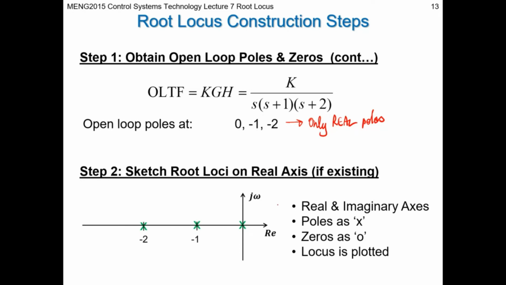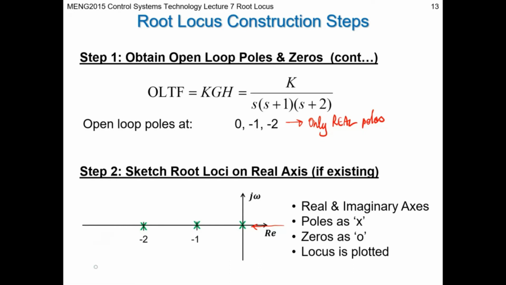To do this, I'm going to start on my right-hand side, to the right of any poles or zeros, at the end of the positive real axis. I'm kind of going backwards from this end, and as I track, whenever I cross or intersect a pole or a zero, it toggles the real axis.